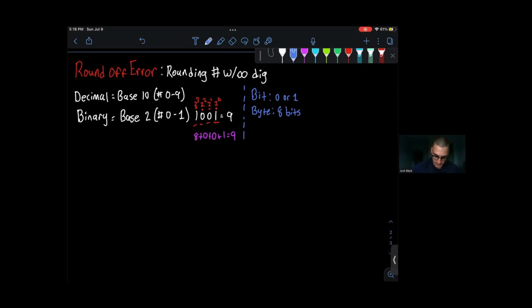We also have words. This is a group of any number of bits, but they mostly come at 8, 16, 32, or 64. That being 1 word, 2 words, 4 words, etc. And then the common ones, 8, 16, 32, 64.